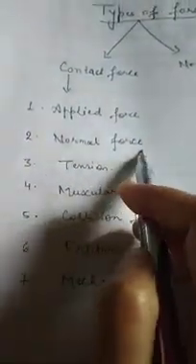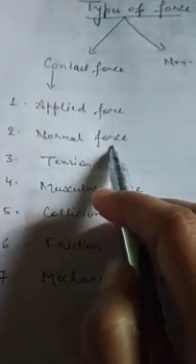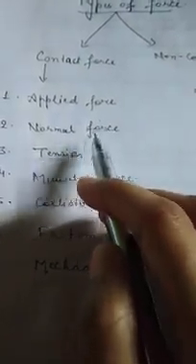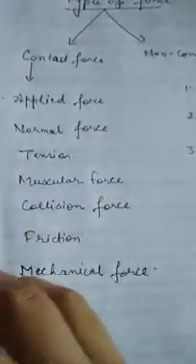Next is normal force. Normal force is the support force exerted on a body that is in contact with another stable body. For example, suppose this book is kept on the table. What is happening?